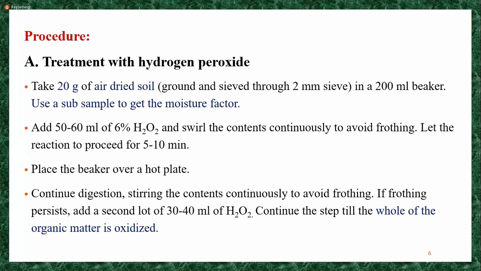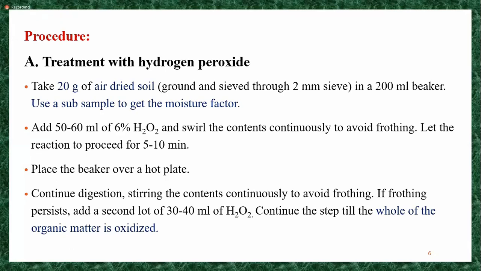For the digestion purpose, you have to keep that setup on a hot plate. So you have to decompose that organic matter and keep that setup for some time to convert that organic matter into oxidized form.